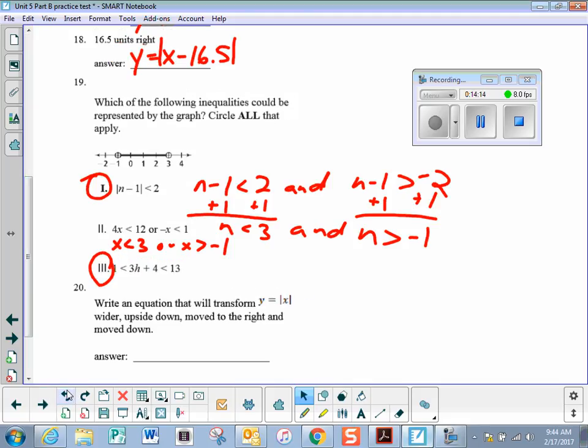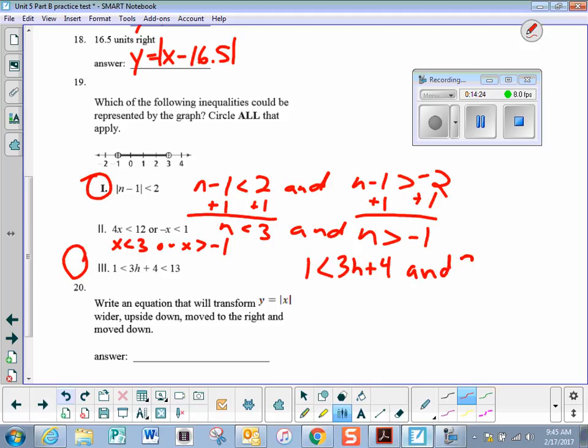All right, the third one, we have 1 is less than 3h plus 4, and 3h plus 4 is less than 13. So we subtract 4 and get negative 3 is less than 3h. So we get h is greater than negative 1.